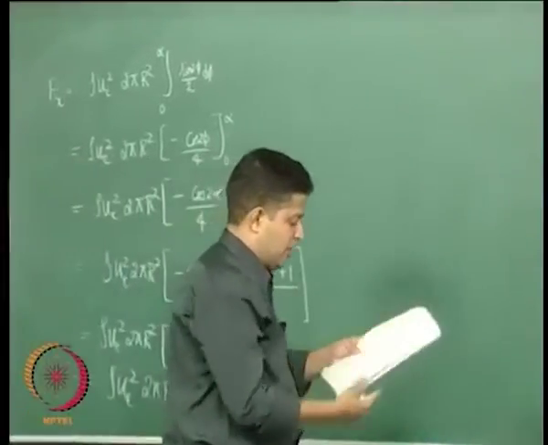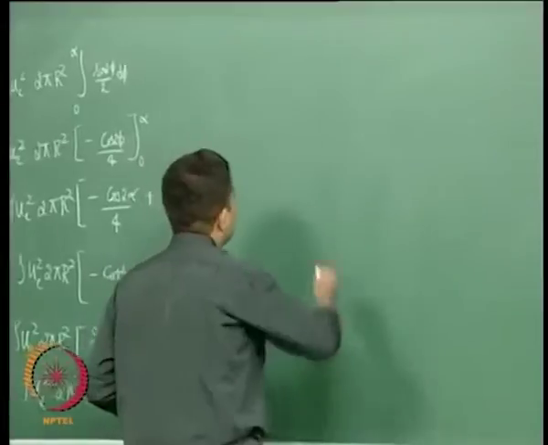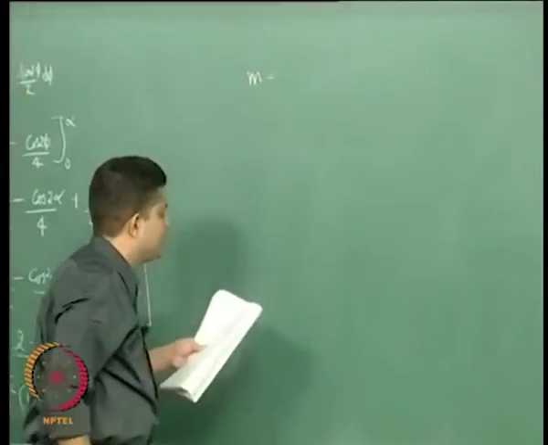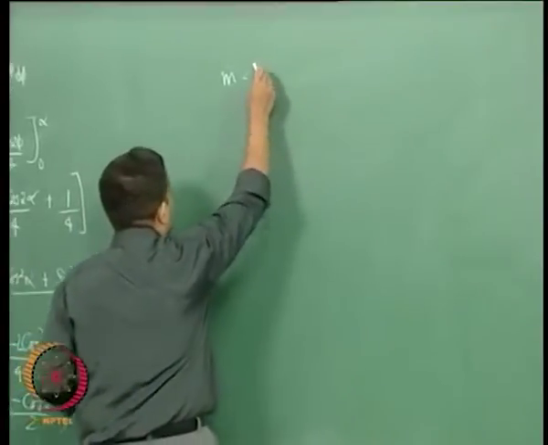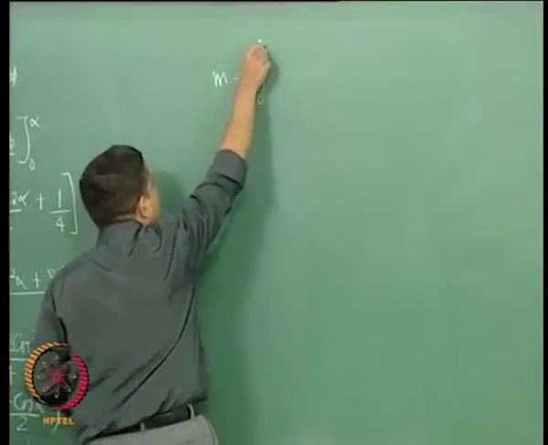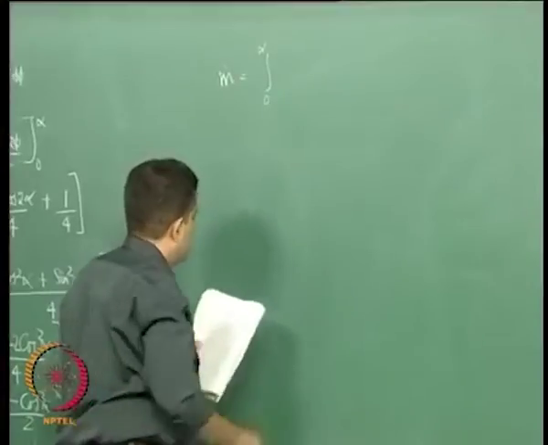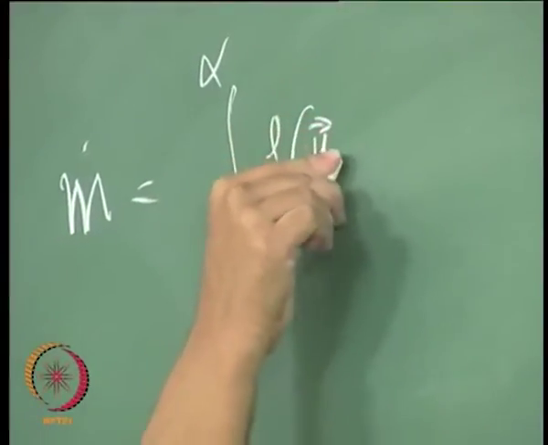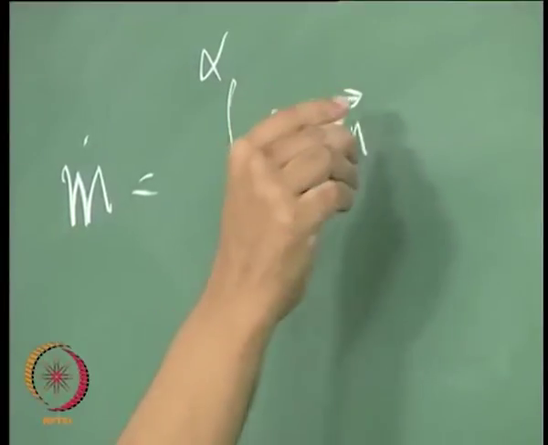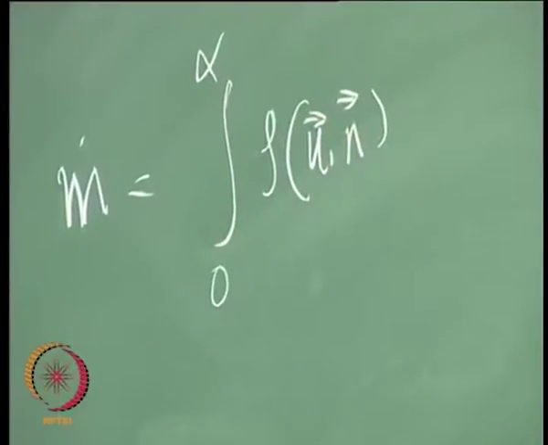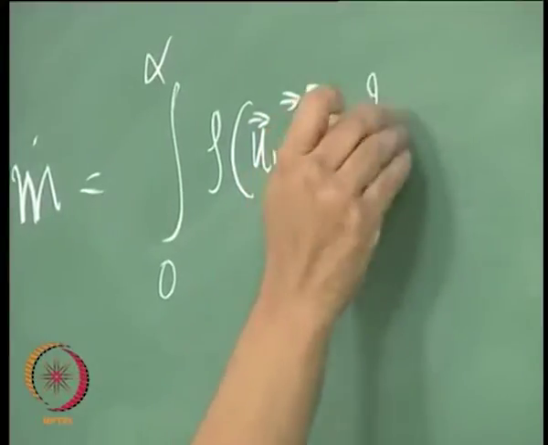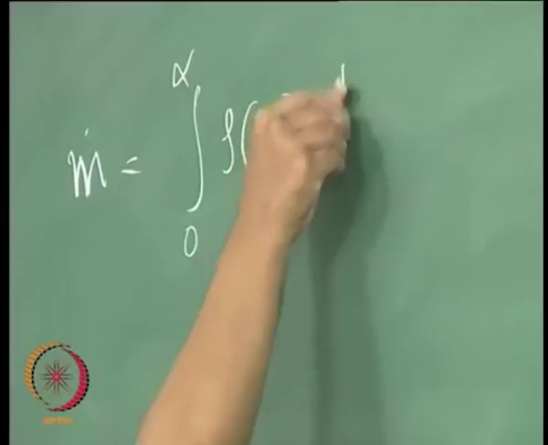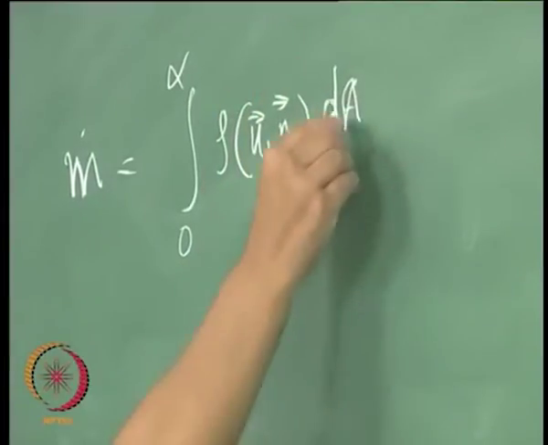So, if you want to look at what is the mass flow rate, m dot is equal to again integral 0 to alpha dA.